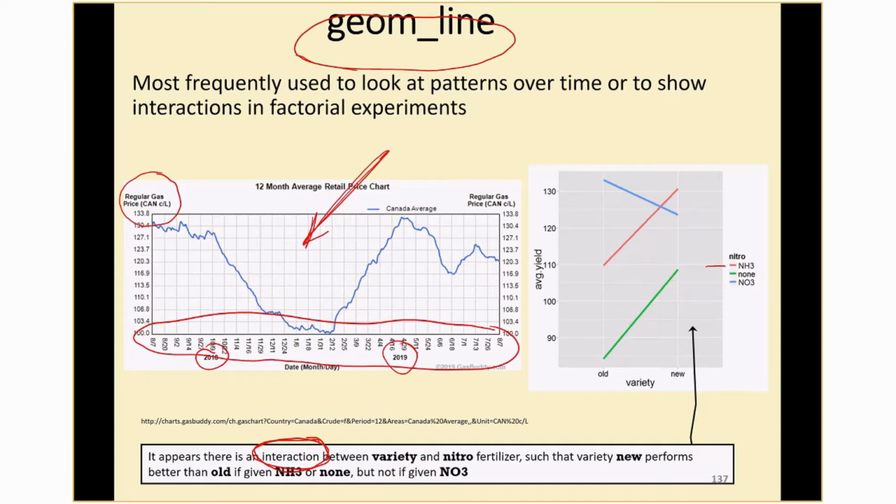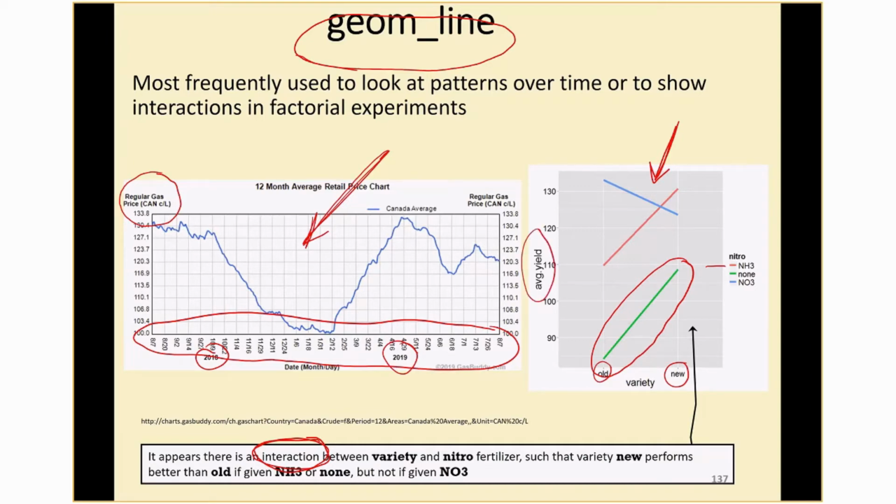And the value of looking at a line plot is that when I examine this plot, what I can see is that if I look at nitrogen treatment none, new is better than old in terms of average yield, which is my variable of interest.